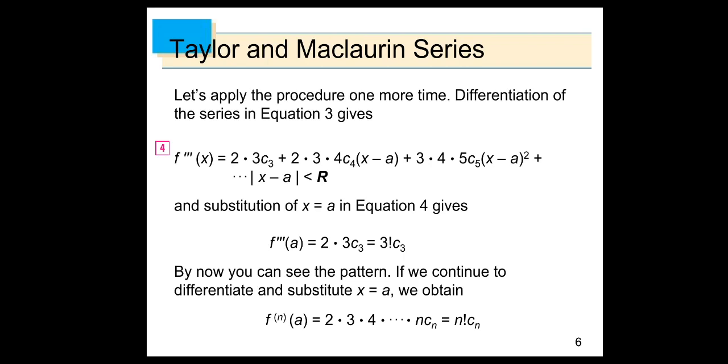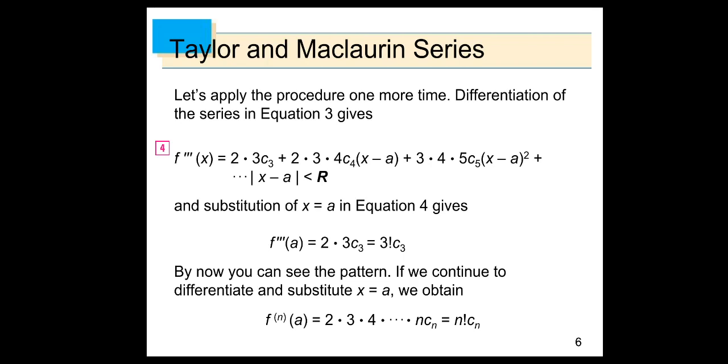If we substitute x equal to a again, we have f triple prime of a equal to 2 times 3c3, which is equal to 3 factorial c3, right? And what we have done is just substitute x with a in equation 4 as well.